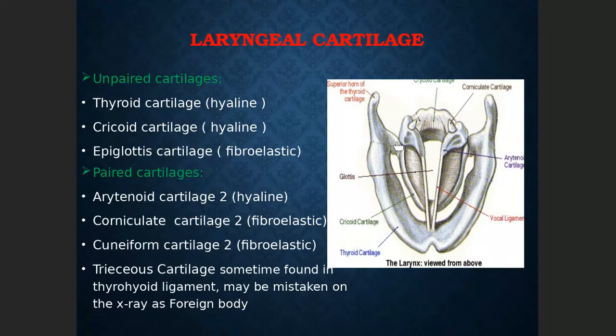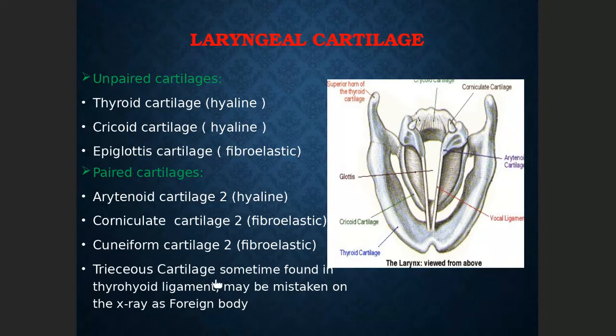The corniculate cartilage is here, attached to the apex of the arytenoid cartilage. While the cuneiform cartilage is within the aryepiglottic fold. I will show you in a minute where it is present.